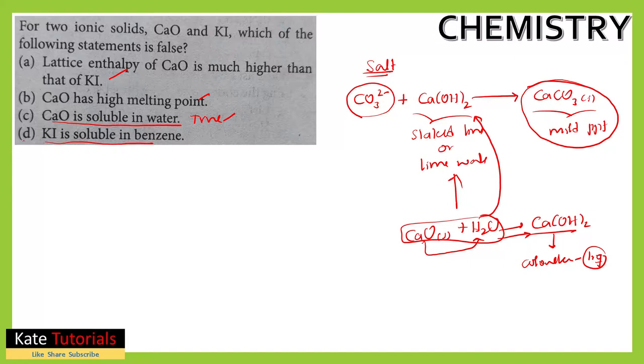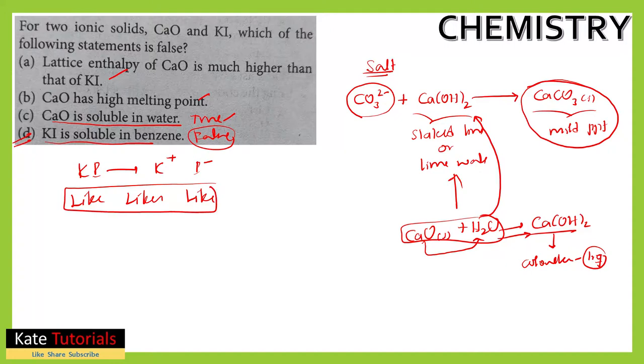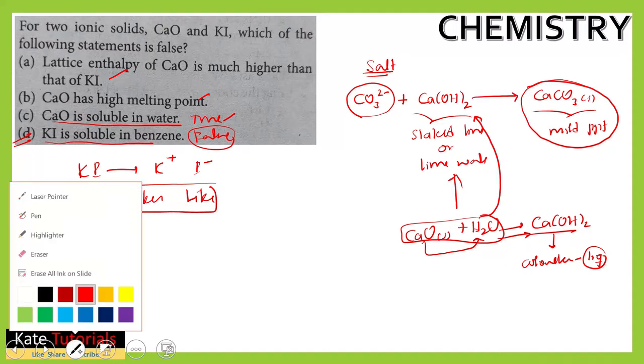But before saying D is the answer, let us discuss why 'KI is soluble in benzene' is the false statement. They have mentioned that KI is ionic in nature, existing as K+ and I-. And we know the rule in chemistry: like dissolves like. What is this 'like dissolves like'?